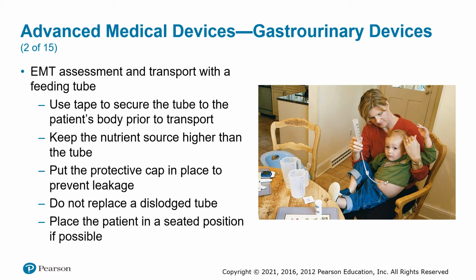Just use tape to secure the tube to the patient's body prior to transport. Keep the nutrient source higher than the tube, and put the protective cap in place to prevent any kind of leakage. I typically don't try to transport a patient unless they absolutely need it with it going. So.